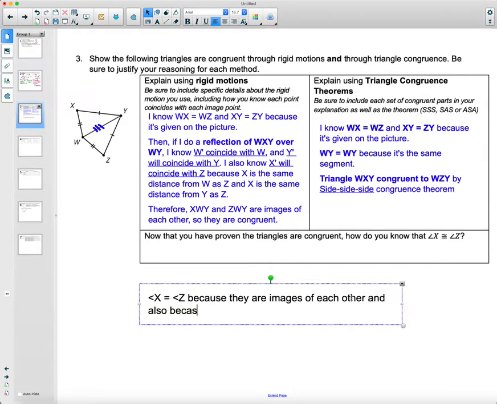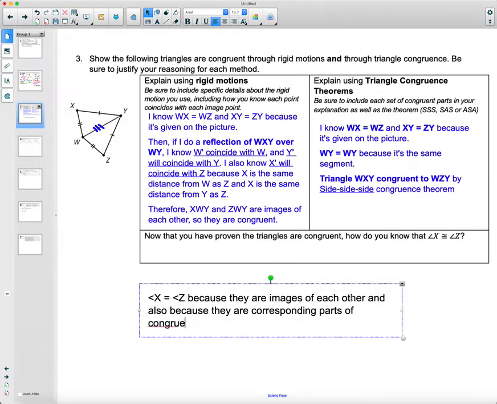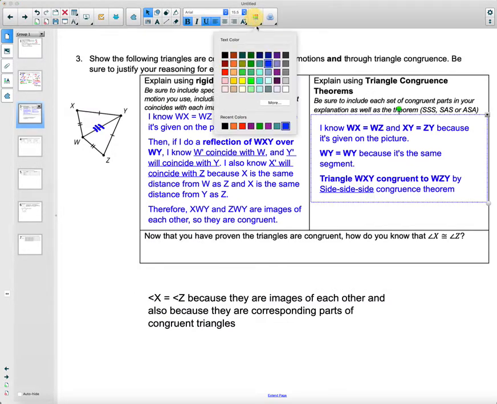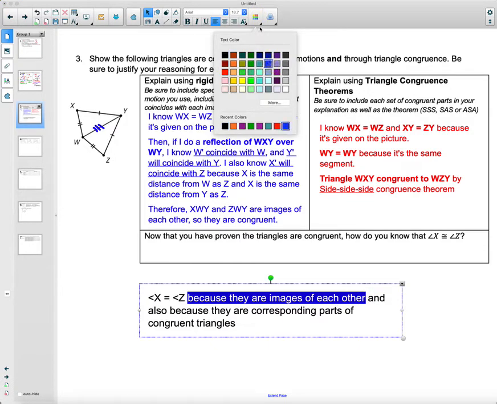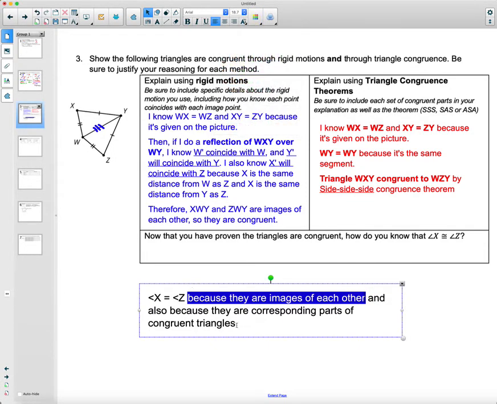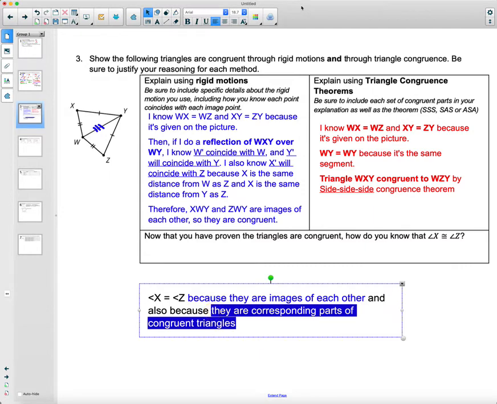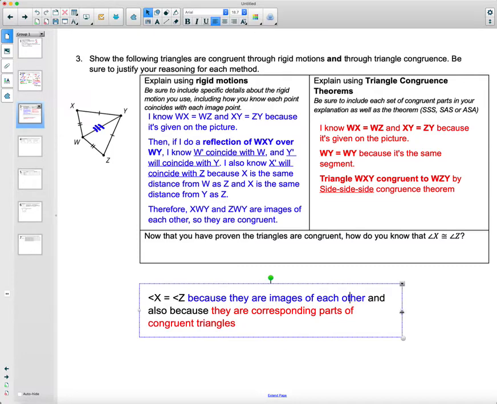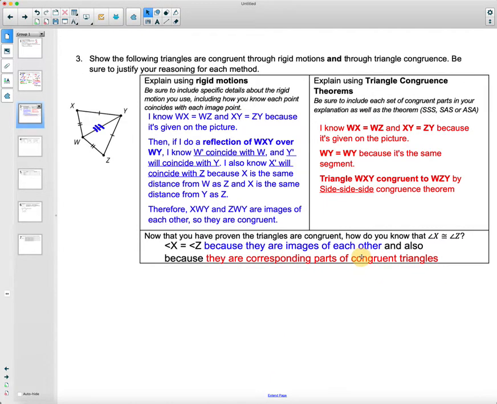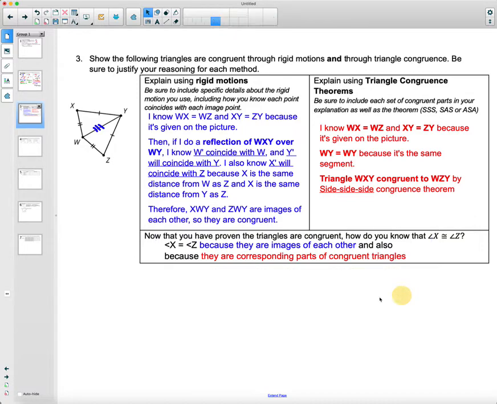And also because they are corresponding parts of congruent triangles, which would be from using the congruent triangle way. So let me change the color here. Because they are images of each other would be from your rigid motions, and because they are corresponding parts of congruent triangles would be from proving the triangles were congruent. So a couple justifications there.